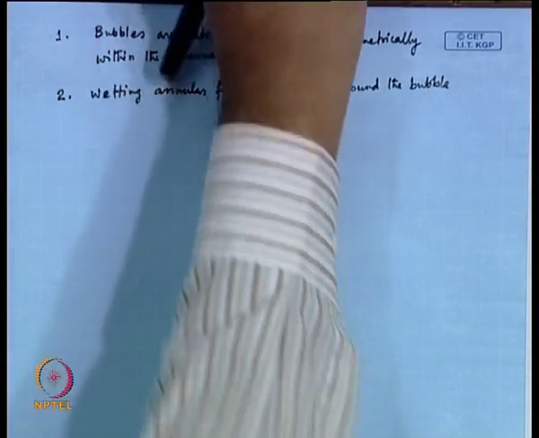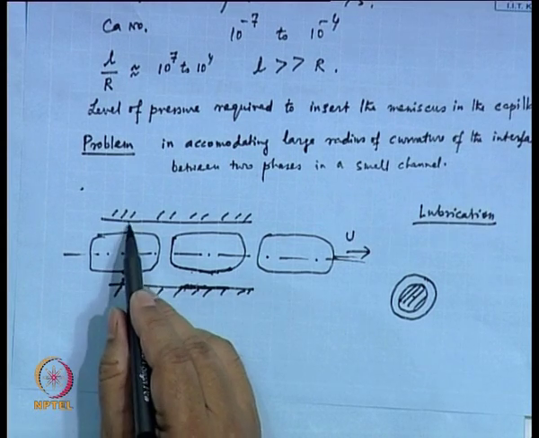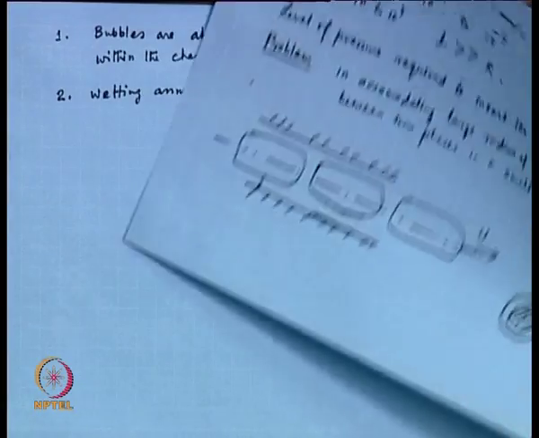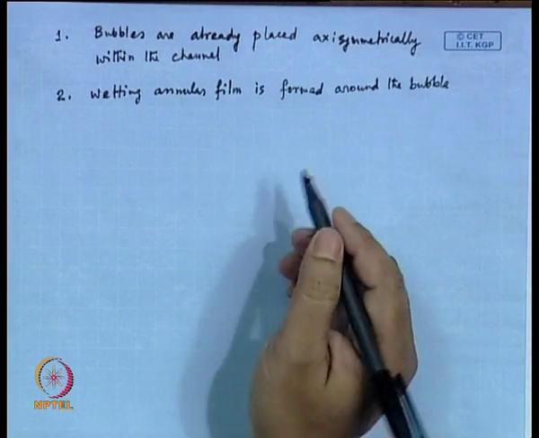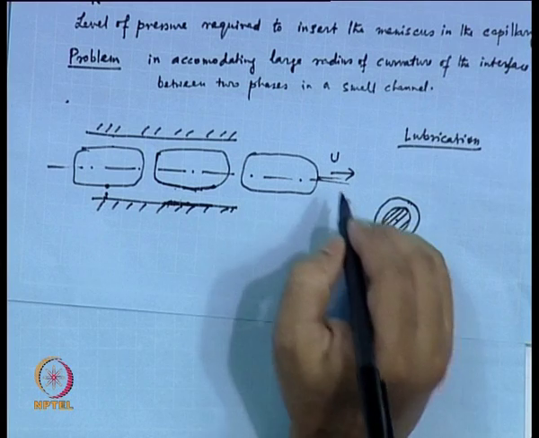A wetting annular film is formed around a bubble, and this is that annular film we are talking about, and this is wetting the wall of the microchannel. So, this is what you are assuming, and you are assuming that a bubble is moving at a velocity u.